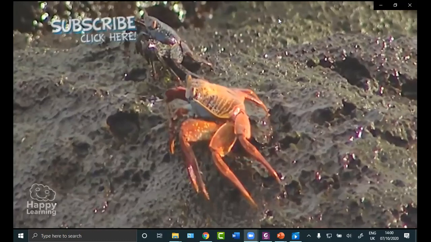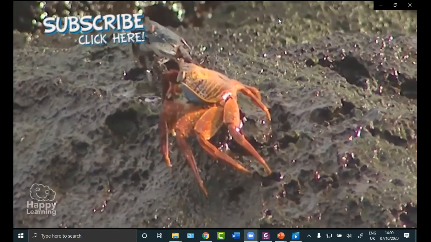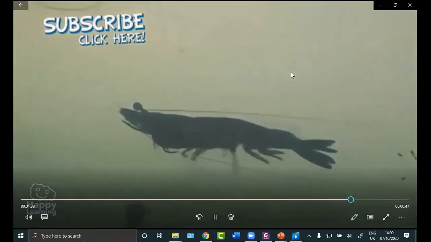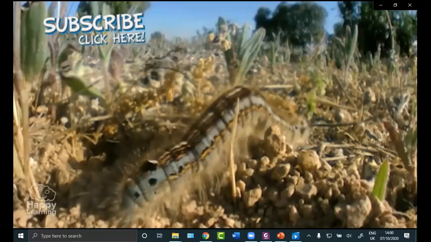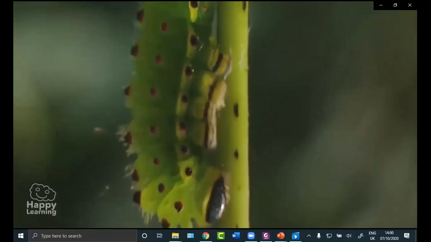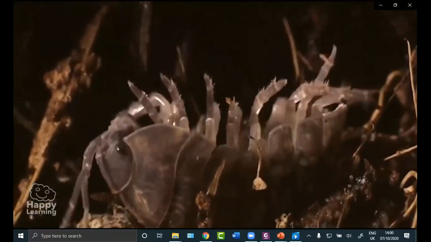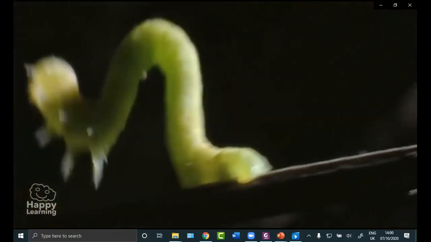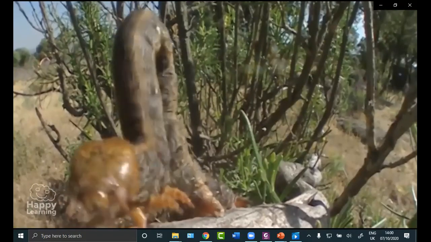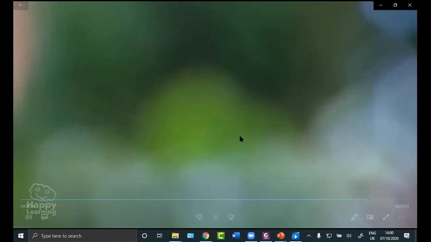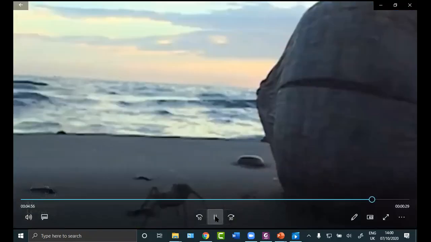Arthropods with 10 legs include the crustaceans like crabs and lobster. Arthropods with more than 10 legs like the centipede that, as you can see, has much more than 100 legs, and are called myriapods. Well, now you know a bit more about the invertebrates. Bye friends! And don't forget to subscribe to the Happy Learning channel.